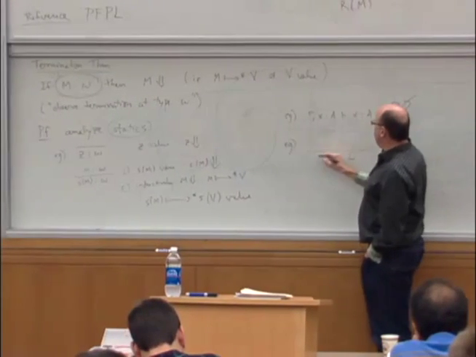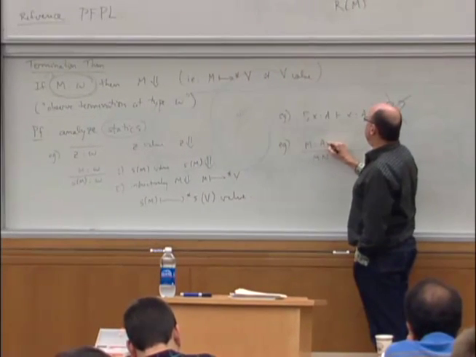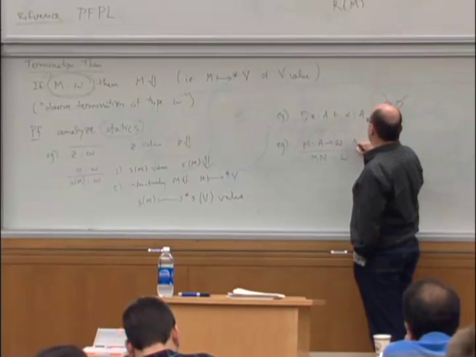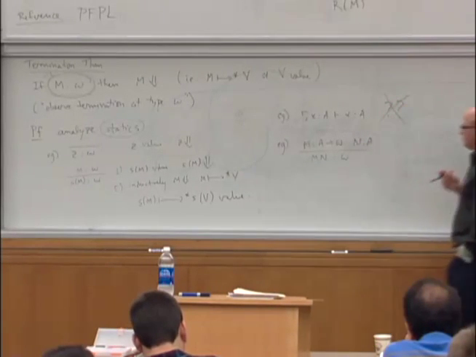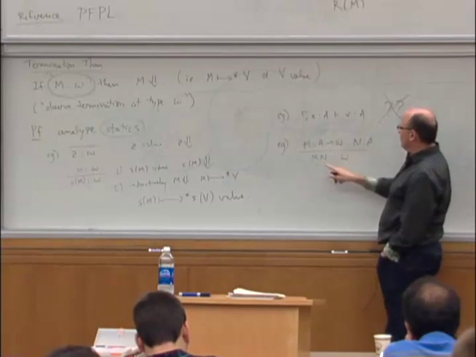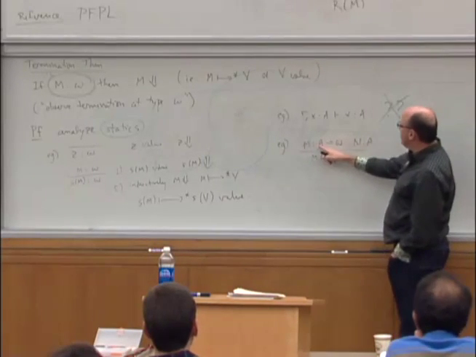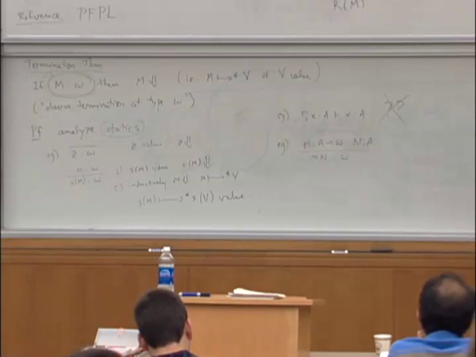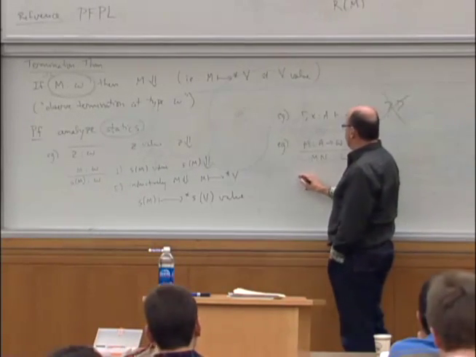So it has got to be that m is type A arrow omega, and n is of type A. That's the only possible way, because there's only one typing rule for an application, and it demands that there be a so-called mediating type.